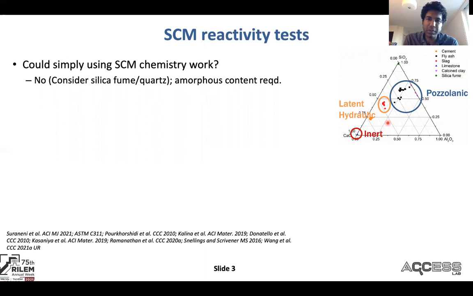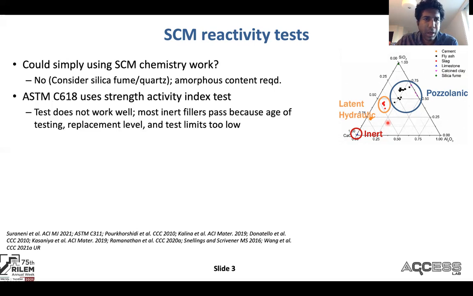This is because it is, of course, the amorphous content which controls the reactivity. You'll see a lot of papers in the literature which say that something has more than 70% of S plus A plus F, therefore it must be reactive, but that really doesn't mean anything at all. The ASTM C618 uses the strength activity index test.